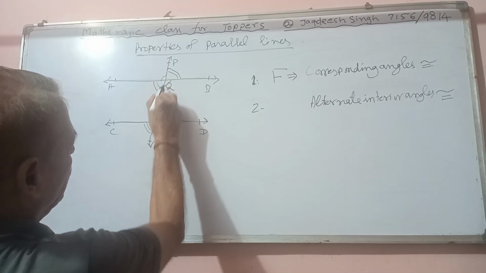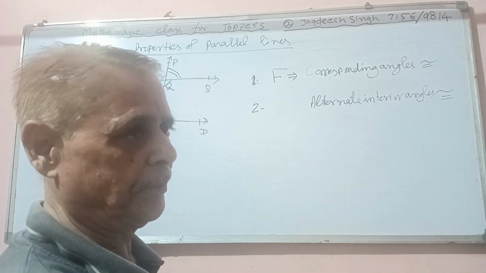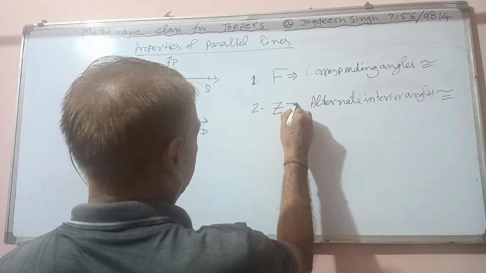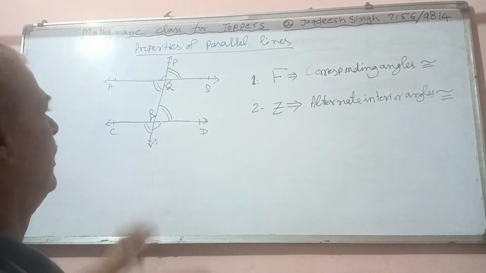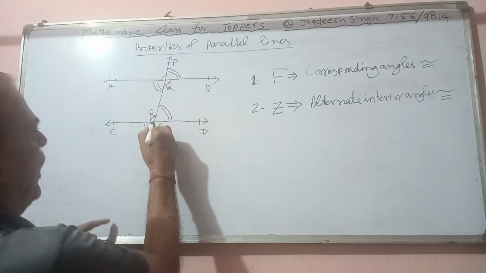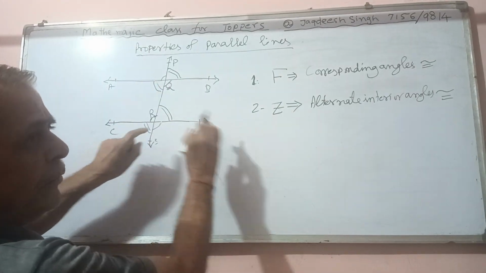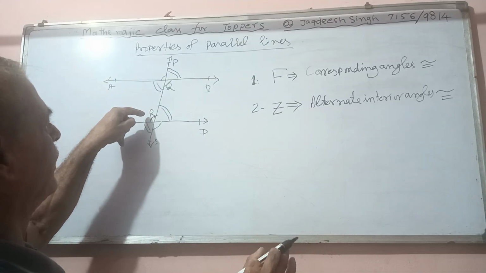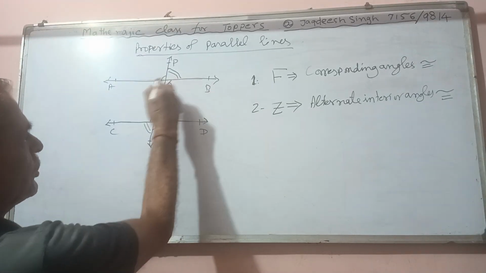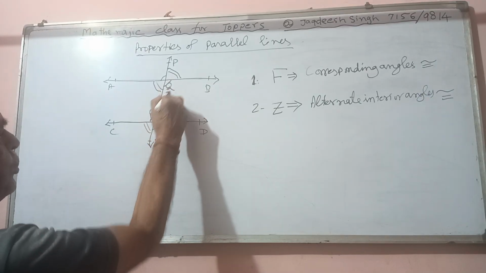From A to Q, Q to R, R to D. A, Q, R, D. Z is formed. So one pair is here: angle AQR and angle QRD. AQRD will be broken into two parts, angle AQR and angle QRD. Similarly, on the opposite side you take Z: angle BQR and angle QRC.